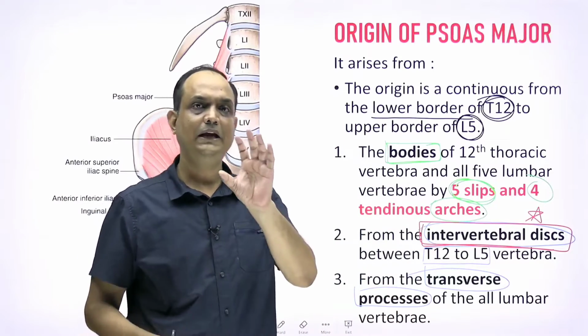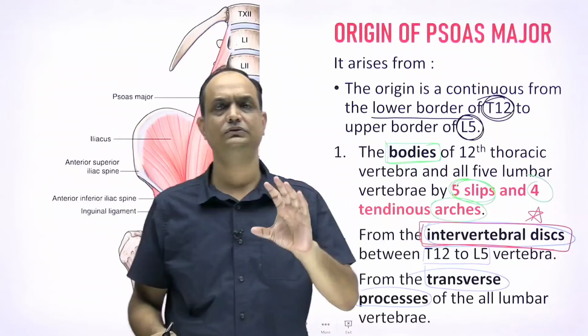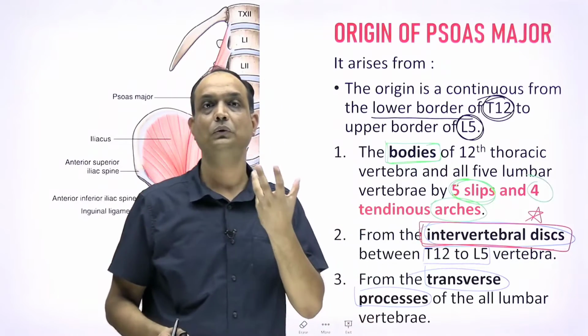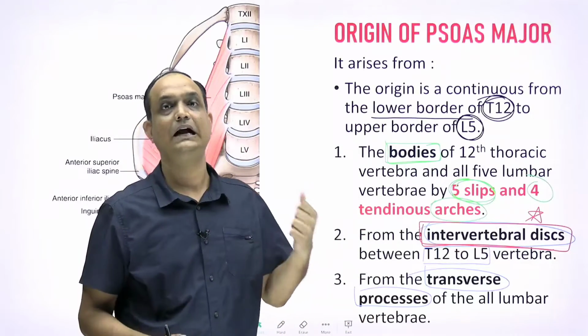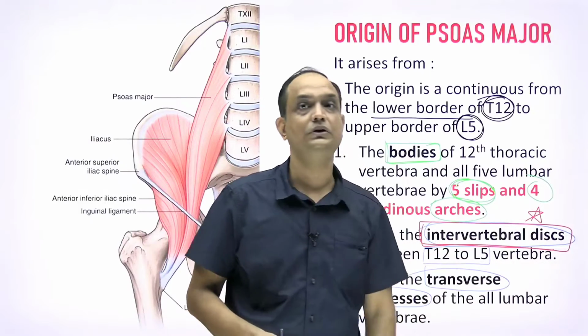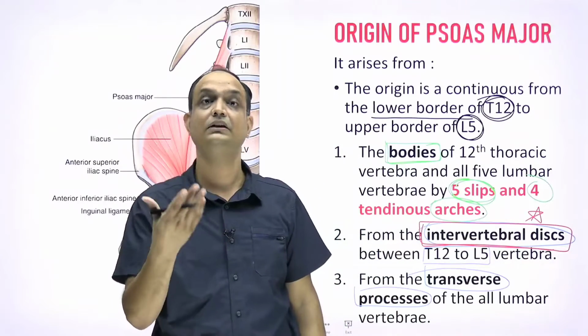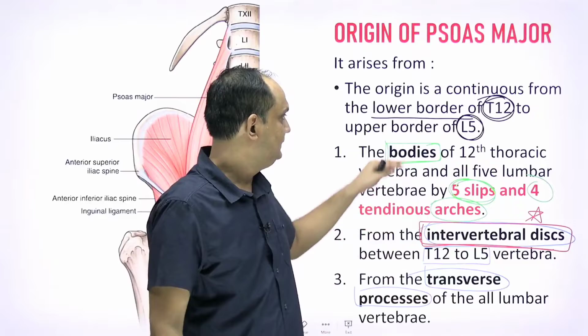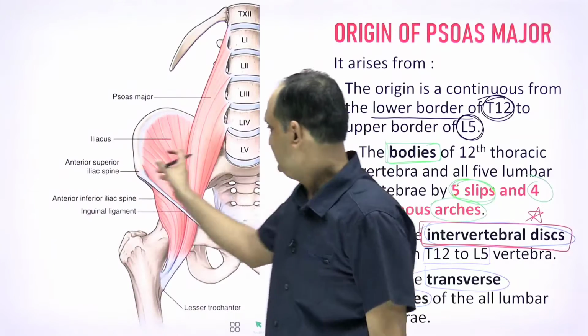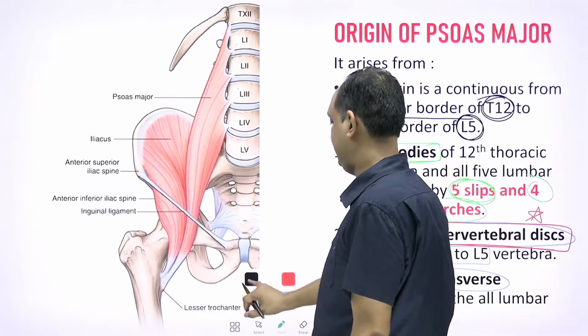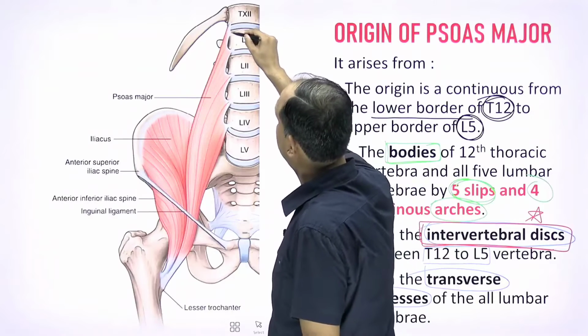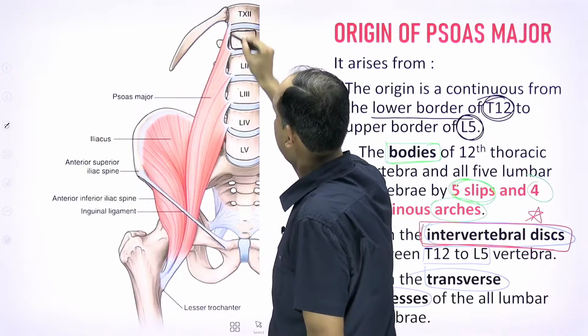So this is very typical, or I should say the unique feature of the origin of this muscle, that because of the involvement of the disc in the origin, it is having the psoas abscess. So there are three areas. Now in this diagram, first is the vertebral body.